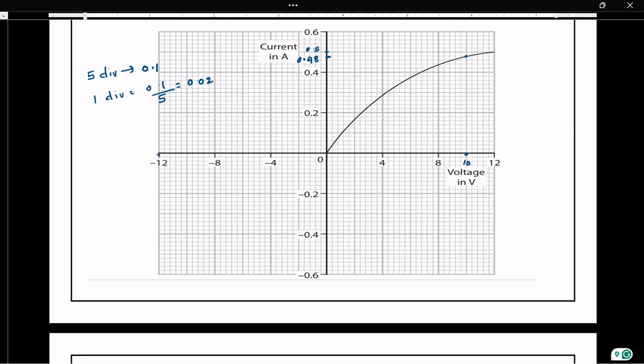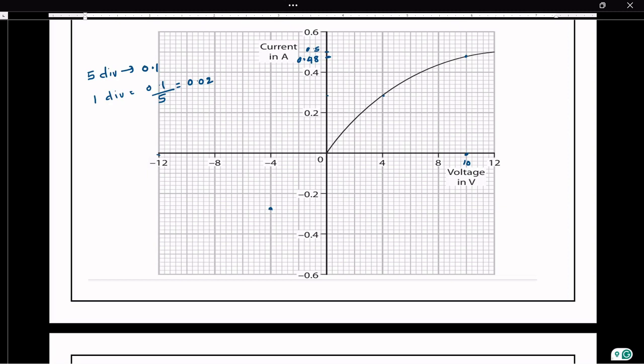As an example, for 4, how much is the current? The current is 0.28. So this is the number we are getting, 0.28.